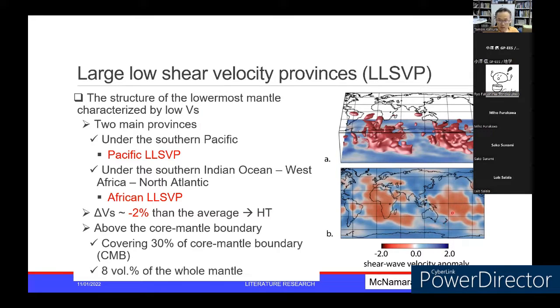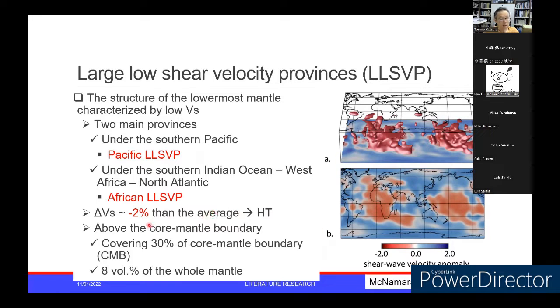You can see there are two low velocity anomalies. One is under the South Pacific, and this province is referred to as the Pacific LLSVP. The other is from the Indian Ocean to West Africa and the North Atlantic. This is referred to as the African LLSVP.